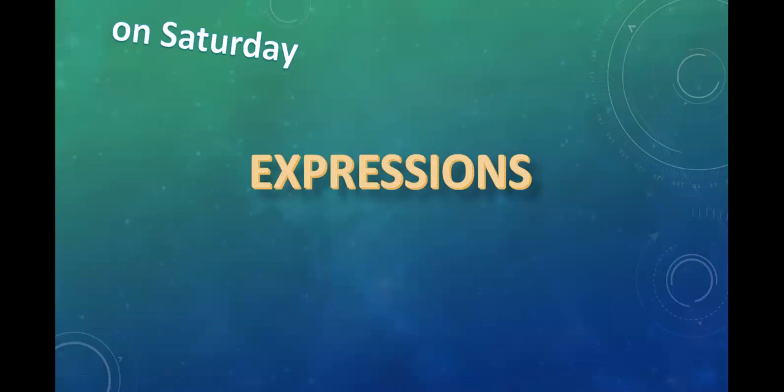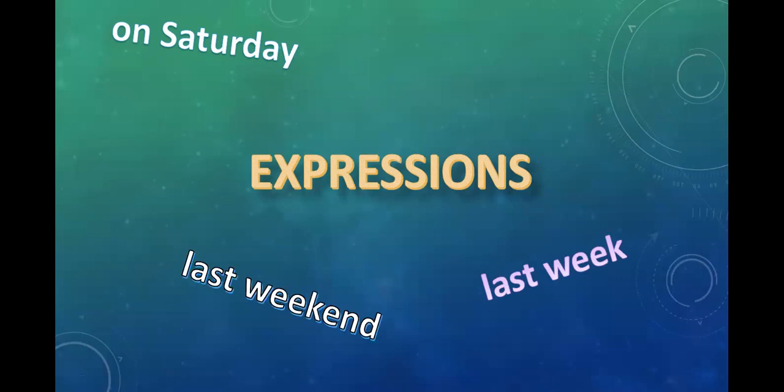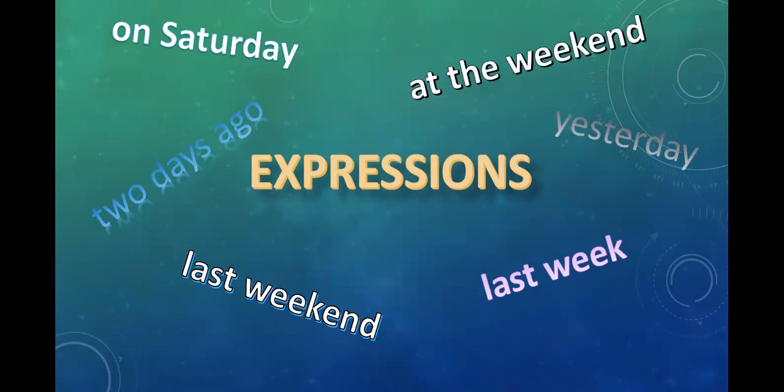No, we're talking about last weekend. Okay, on Saturday, last week, last weekend, yesterday, 2 days ago, at the weekend, or as we say in the United States, on the weekend. Okay, these are the expressions that we use.